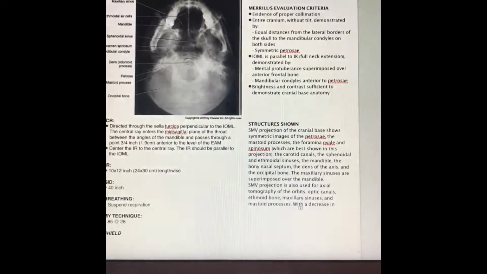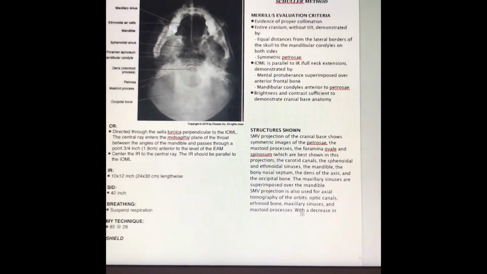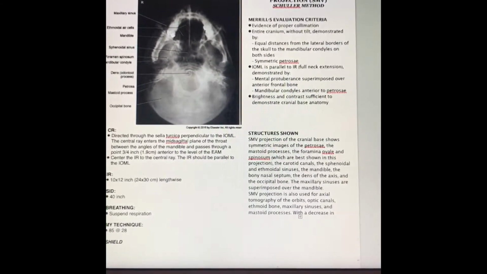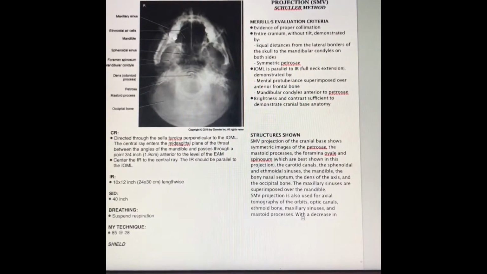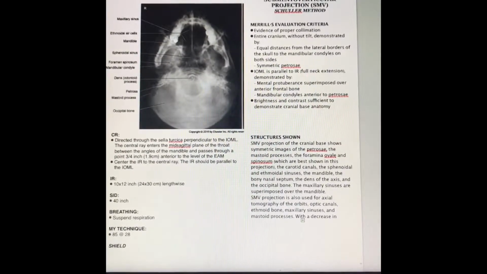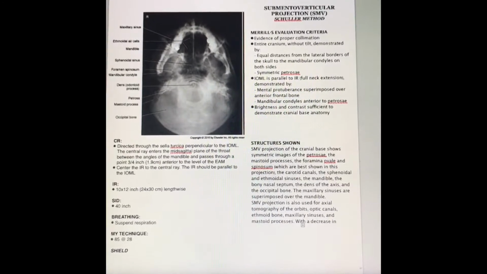IOML is parallel to IR, which means that we have full neck extension, and that's demonstrated by mental protuberance superimposed over anterior frontal bone, mandibular condyles anterior to petrosae. Brightness and contrast sufficient to demonstrate cranial base anatomy.